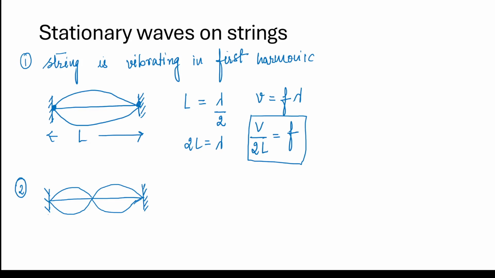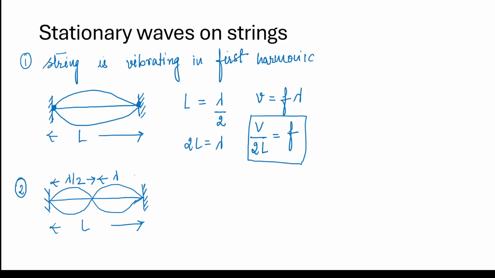So if I just do again the same thing, the distance between two adjacent nodes is lambda over 2, and this one is also lambda over 2. So my length would be lambda over 2 plus lambda over 2, that is lambda.